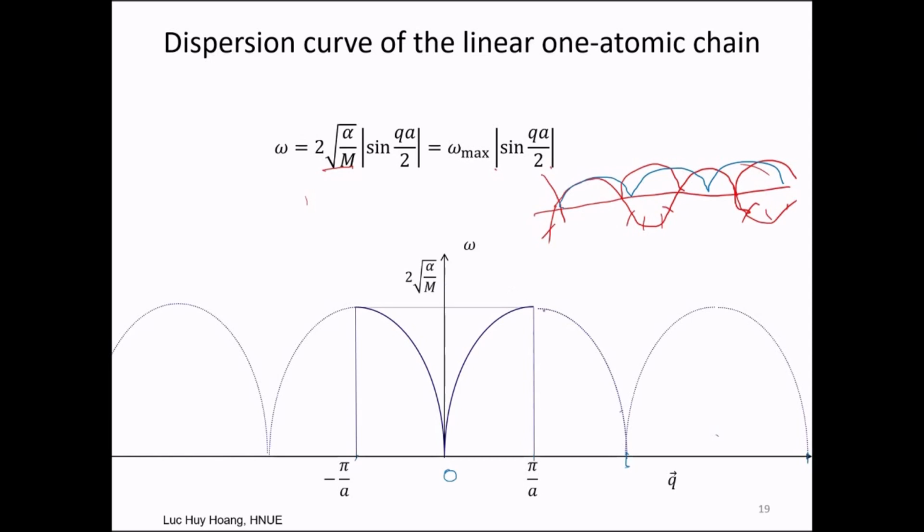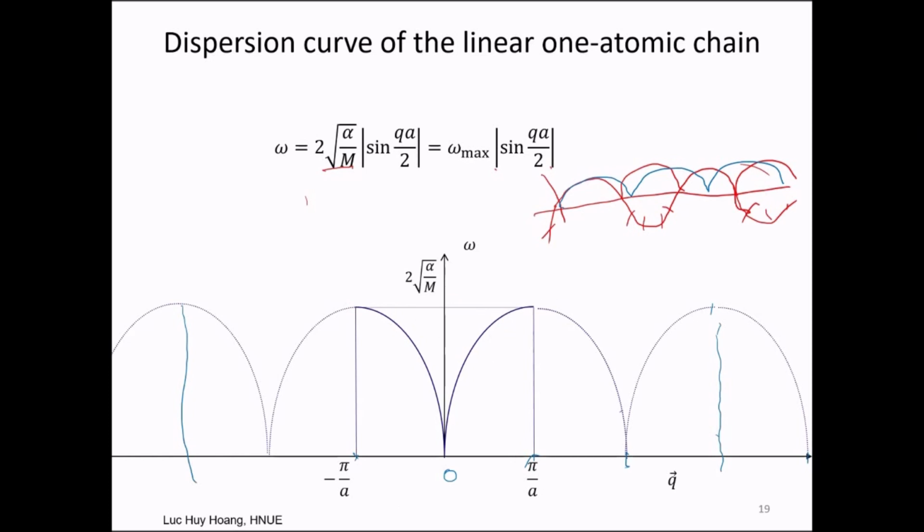If we select this part, it's the solid curve, you see. The other parts, for example here and there, are also similar. So we have to consider this part only.